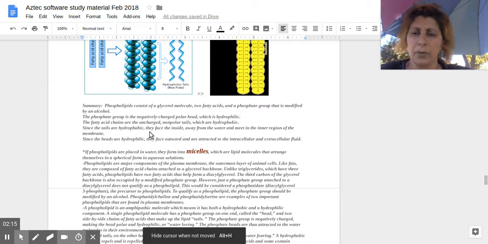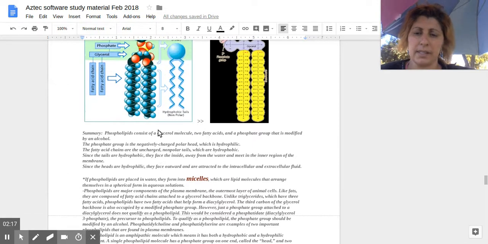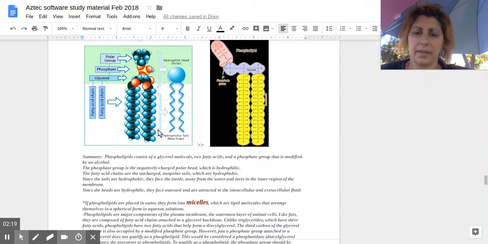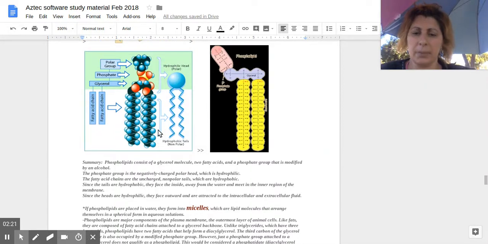The hydrophobic tails face the inside of the bilayer. They attract similarly nonpolar molecules, and they meet in the inner region of the membrane. The fatty acids do.